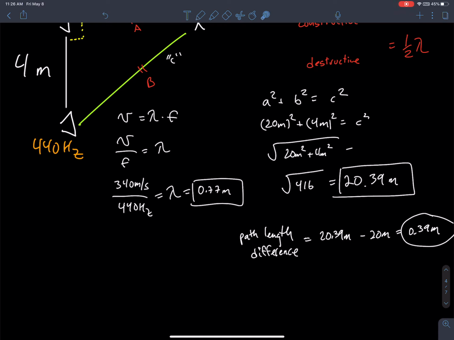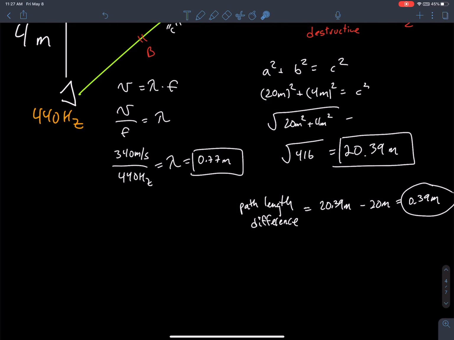The full wavelength we calculated as being 0.77 meters. 0.39 meters is approximately half of that. Okay, so really the path length difference here is going to be a half wavelength.